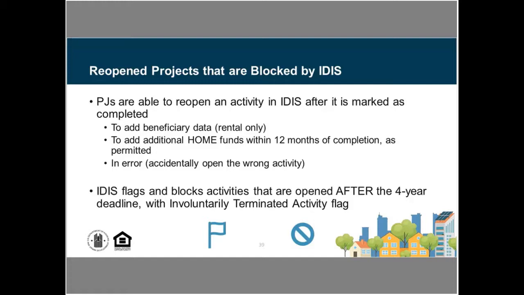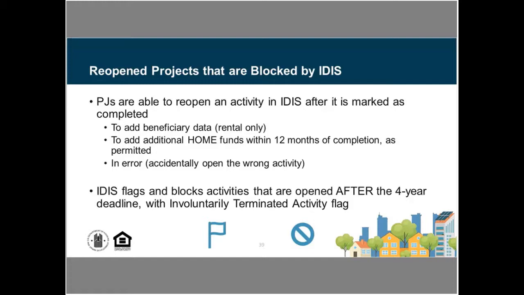We also have a little bit of flexibility in the HOME rules that within that first 12 months after completion, the PJ does have the ability to add additional funds. And so sometimes in that initial period, we discovered that there's something as part of the construction design of that project that really ought to be added or addressed, and there is the ability to reopen that project.